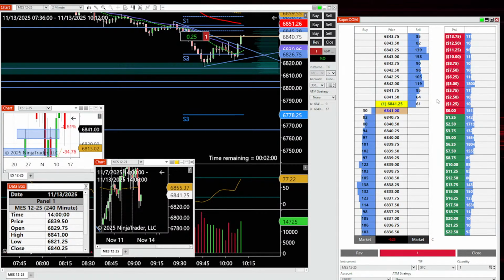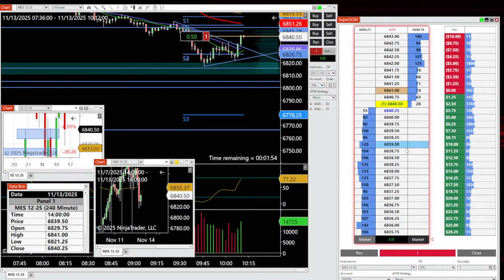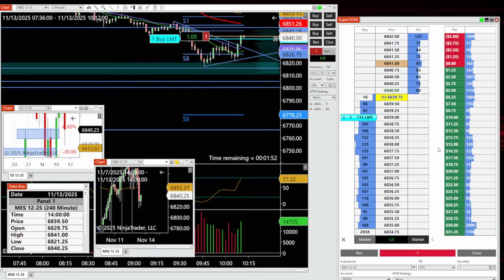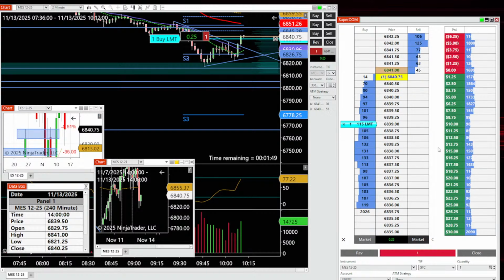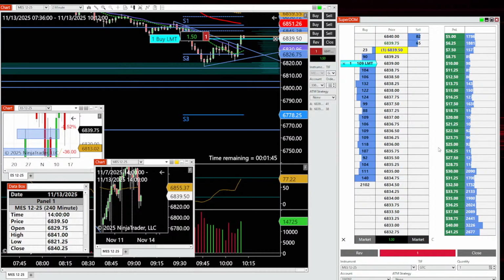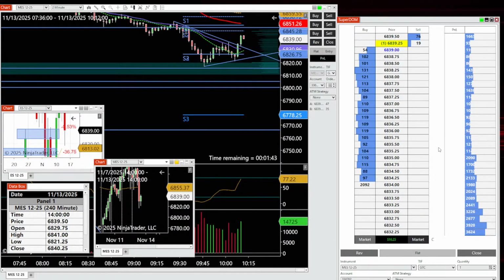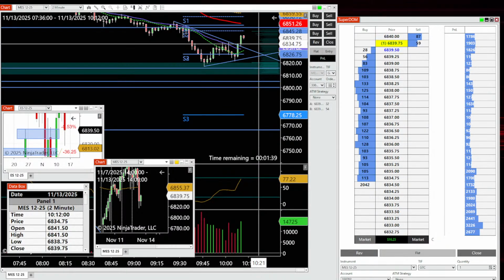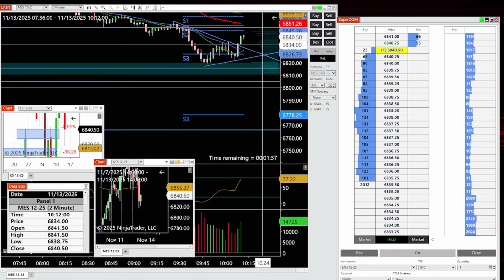Resistance up here, 42, 43. There we go. This may do it. Order submitted. No? We want to hold over 40? Order filled. Okay. This may be able to push down to 34 too.